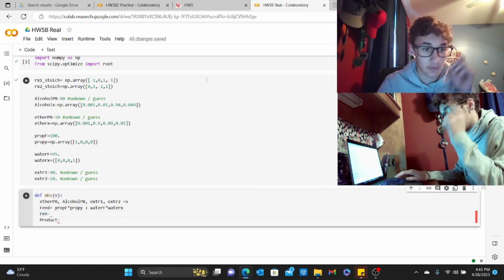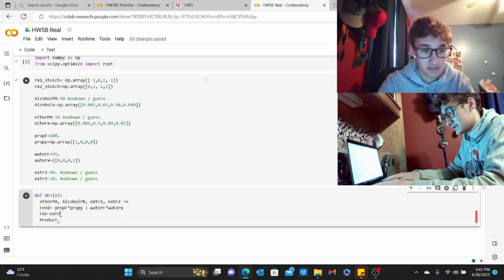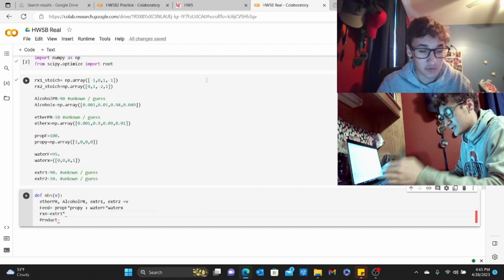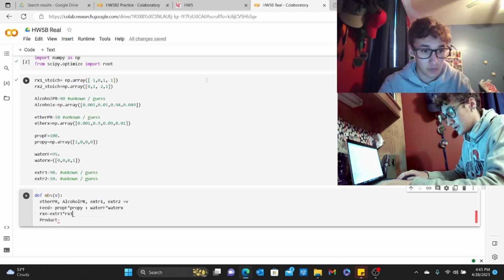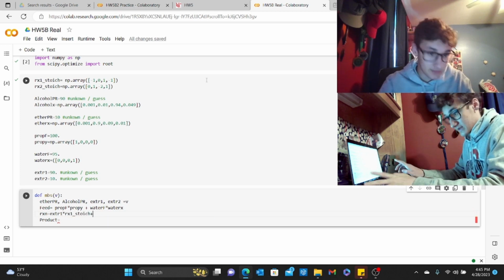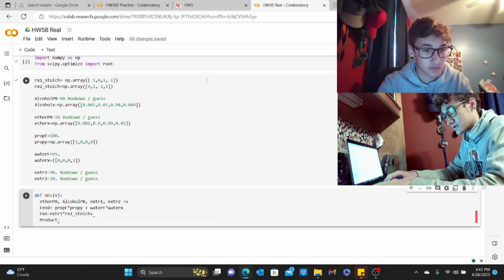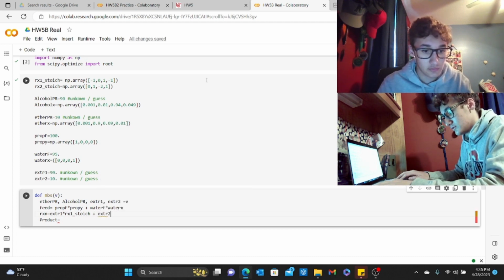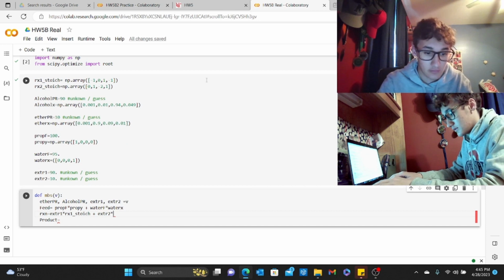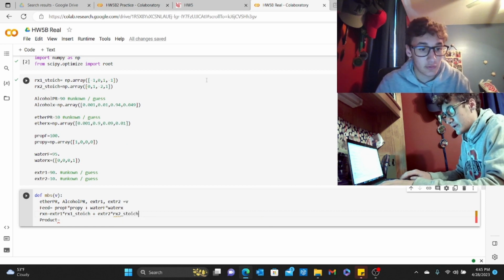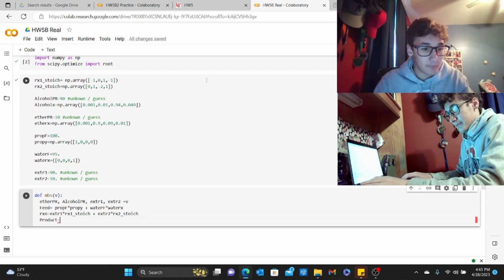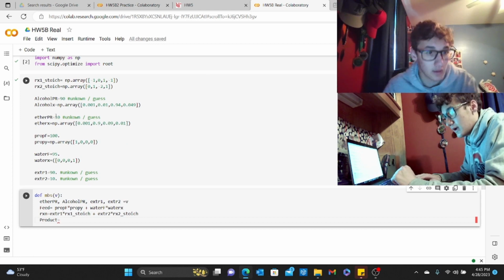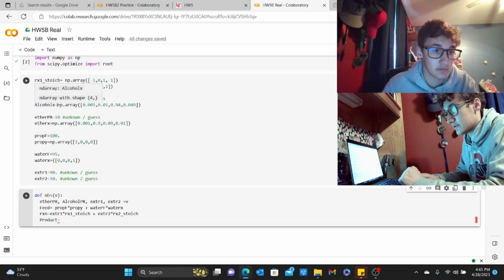For the reactions, we are going to do extent of reaction, so EXTR1 times the stoichiometry of reaction 1. So we're going to do RX1 stoich. Same thing with the next one, so it's going to be EXTR2 times RX2 stoich. And for the products, it's going to be our alcohol and the ether.